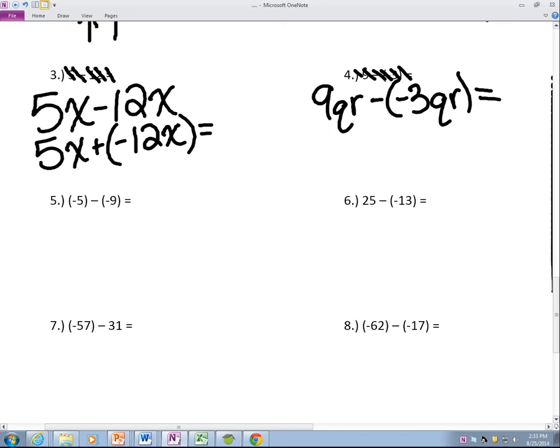You got to simplify like terms. Negative 12 has a higher absolute value than 5, so we know our answer is going to be negative. It's going to be negative 7x.